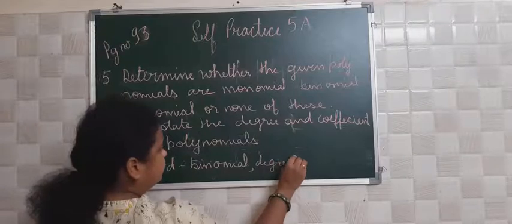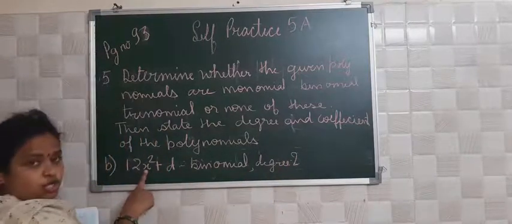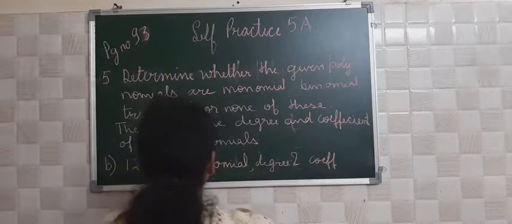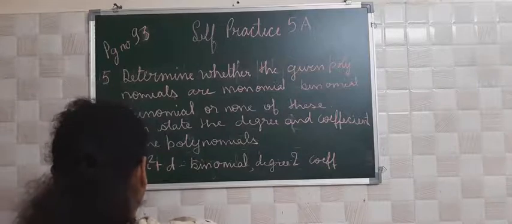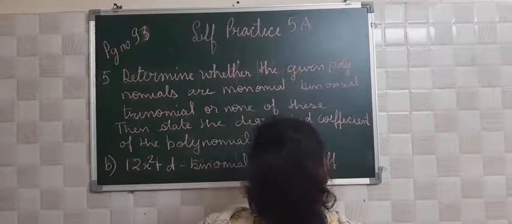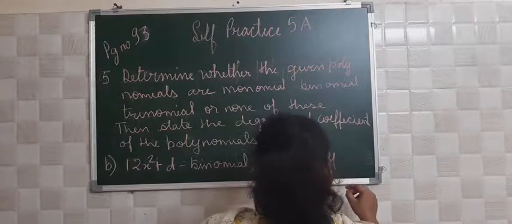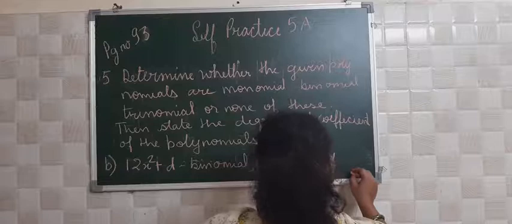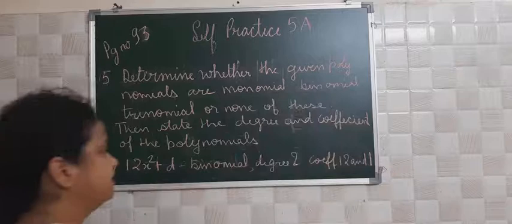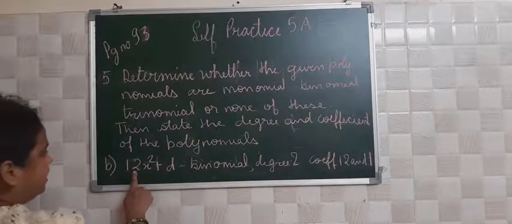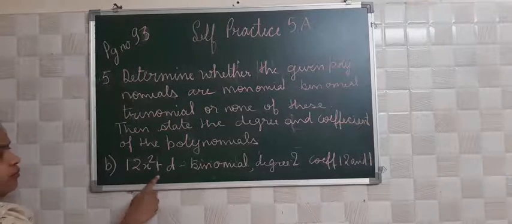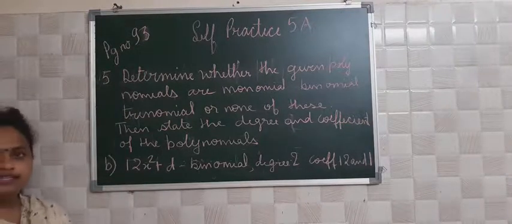The degree will be 2 because the highest power is 2. And what will be its coefficient? The coefficient will be 12, and also 1. Two coefficients are there, because it has two terms: 12, and when there is no number, it is 1. So it will have two coefficients, 12 and 1.